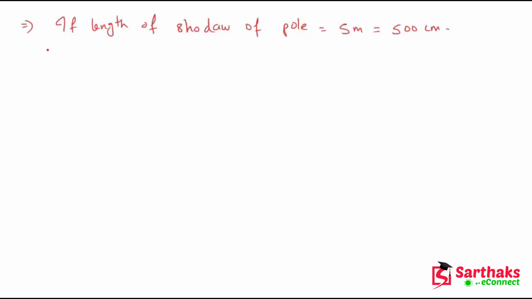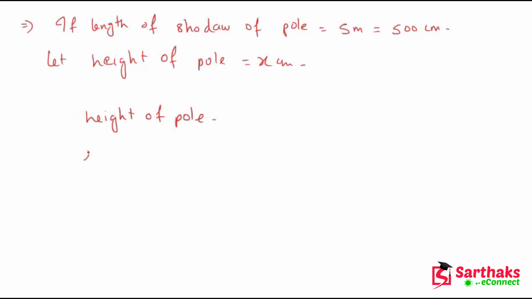Now my dear friend, let's suppose that the height of pole is x centimeter. So here, if you make the table, height of pole and length of shadow of pole, all these units are in centimeter.